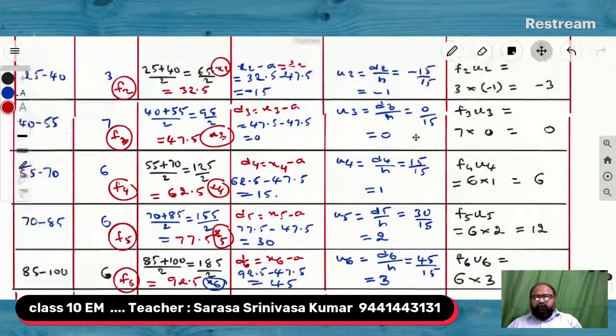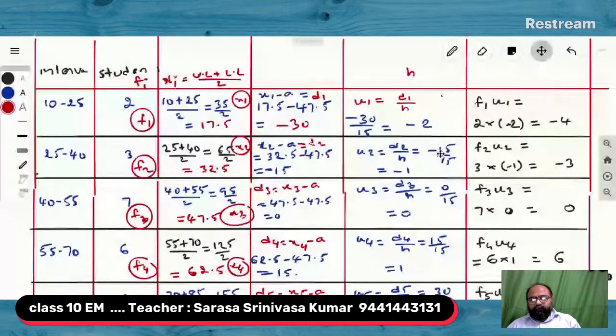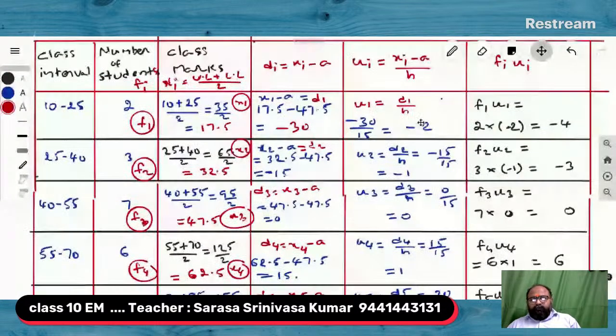Right. Now we have calculated u1, u2, u3, u4, u5, u6. Now we find the last column, f1 u1. f1 is 2, u1 is minus 2.